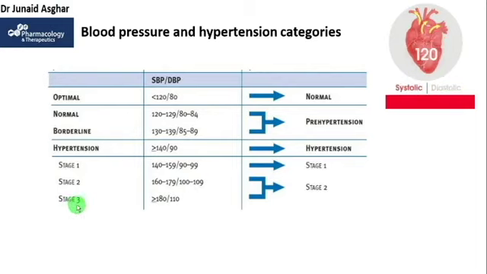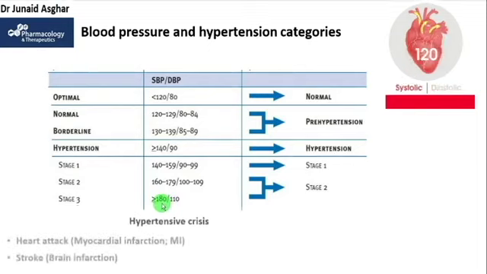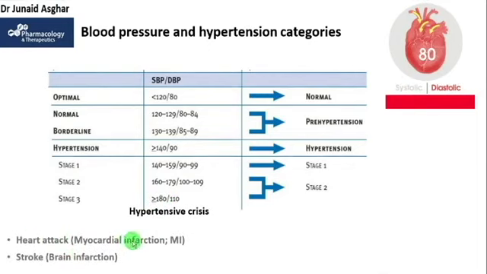Stage 3 represents an extreme elevation in blood pressure, equal to and above 180 by 110, and this stage needs mandatory medical attention because it could lead to serious cardiovascular accidents such as heart attack or stroke, and we usually call this condition a hypertensive crisis.